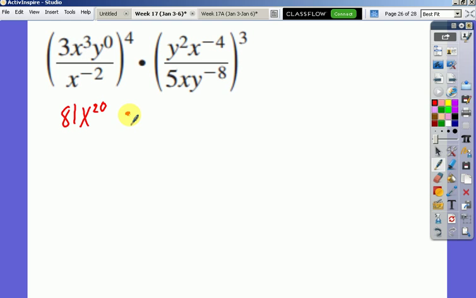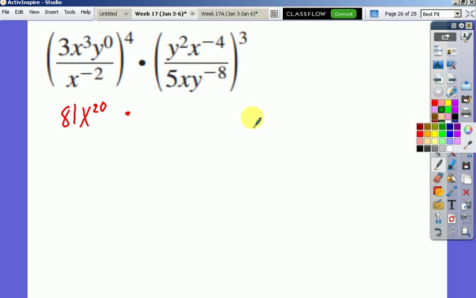So when we look at this other side here, what am I going to do? What would you do first? Let's move stuff. Top and bottom. What will I move to the top? Y to the negative 8. What would I move to the bottom? X to the negative 4. So let's do that.